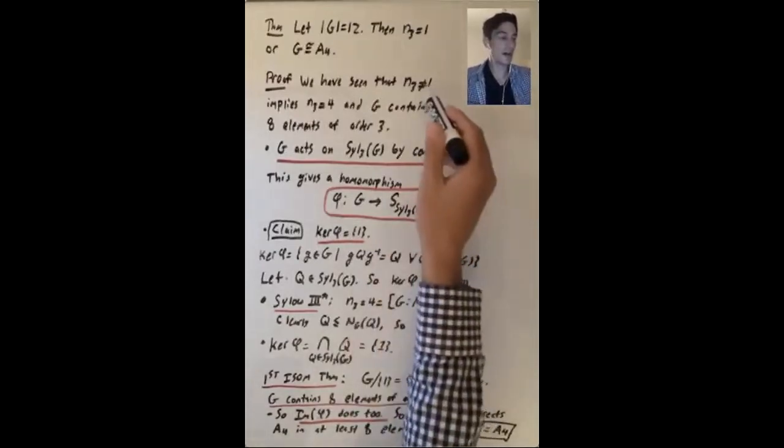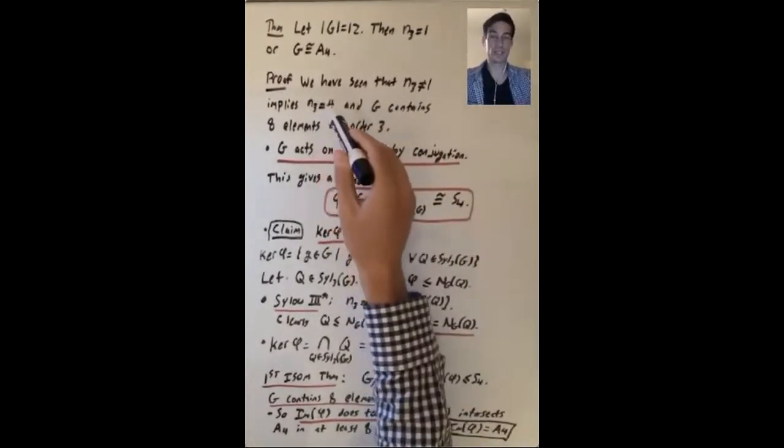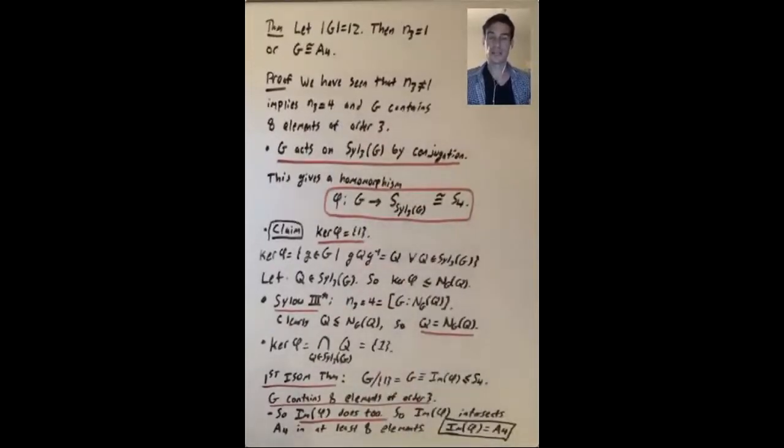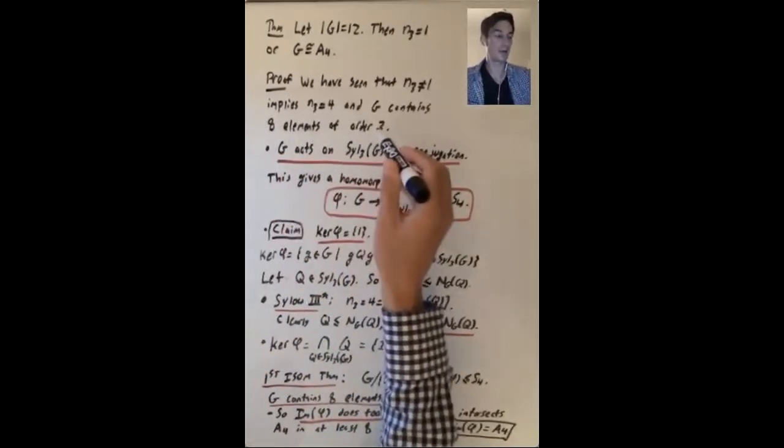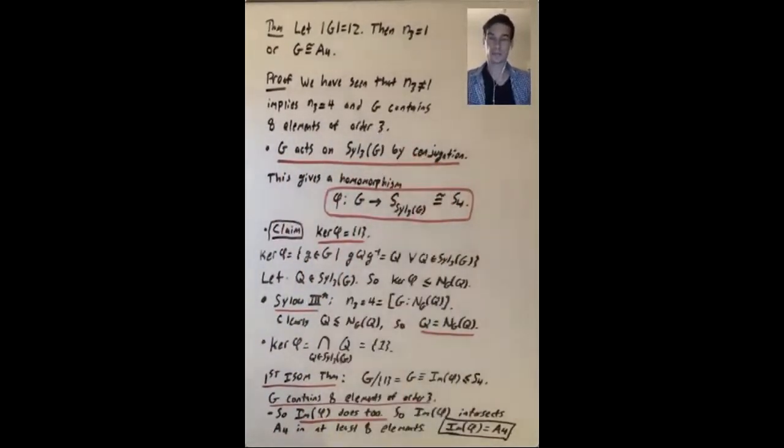So if n3 is not equal to 1, that means there's 4 Sylow 3 subgroups. Each one has size 3. And that means in these 4 subgroups, each one has 2 non-identity elements, so 2 elements of order 3, and they intersect trivially, each pair of these 4 Sylow 3 subgroups. So we get 8 elements of order 3 in G.